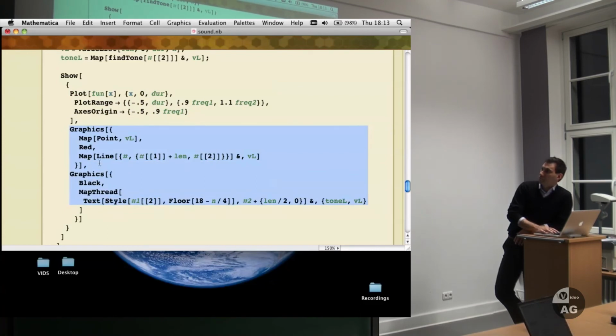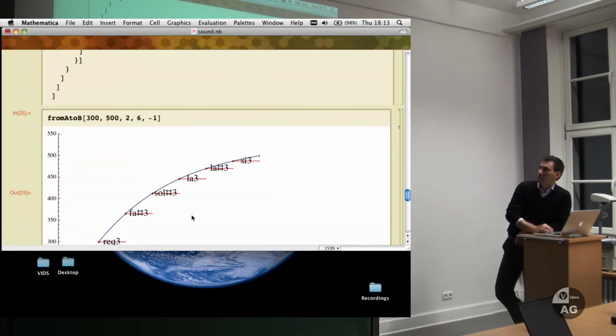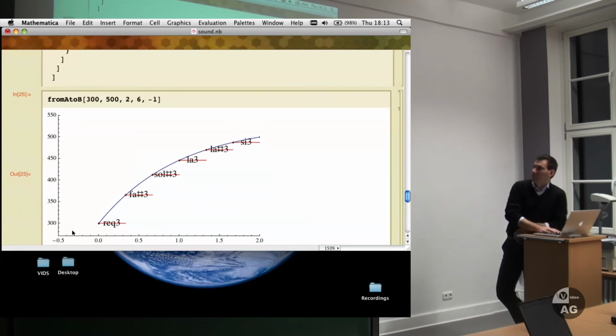So, one is to put the points and the lines, and one is to put the text with some text style. So I have basically 4 components: the line, the points, the segments, and the text.